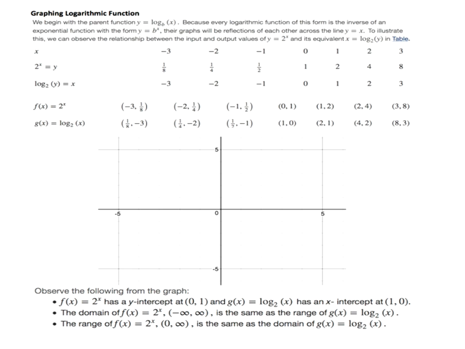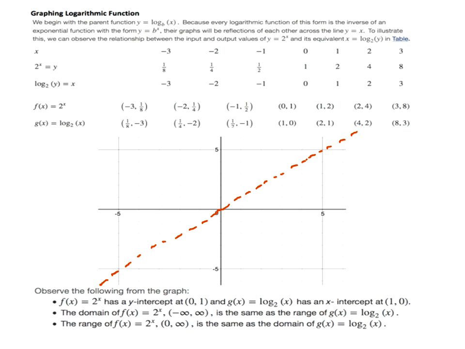Their graphs will be reflections of each other across the line y equals x. So because I know I'm about to graph inverses, I can go ahead and mark my line of reflection, y equals x.